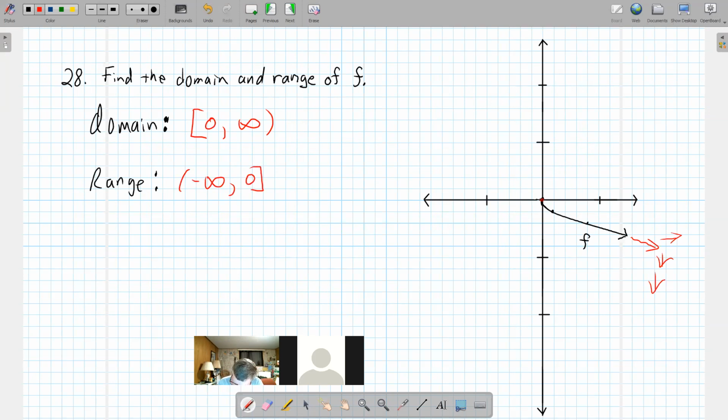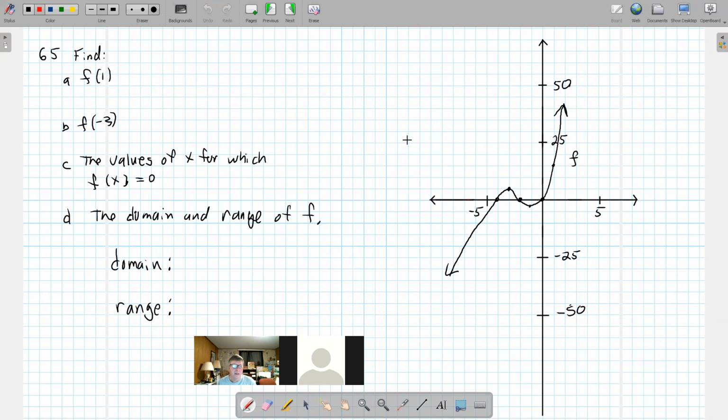Okay. So the domain is this, and the range is, well, that, but it stops at 0. Okay. So it goes from negative infinity all the way up to, but stopping at 0. Again, any questions about the interval notation there? Okay.